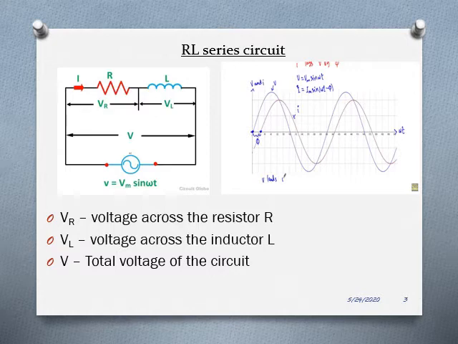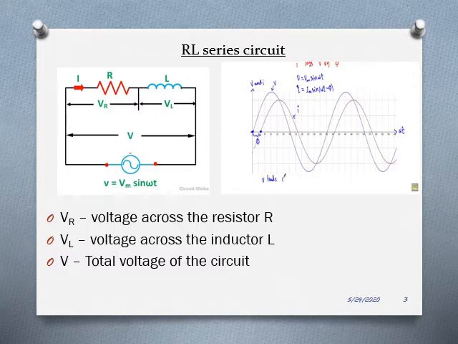When we had learned pure resistor circuit, we understood that the voltage and current were in phase. Both of them started at the zero reference. Both of them reached the maximum value at 90 degree and so on. And in pure inductor circuit, we learned that the current lags the voltage by an exact 90 degree.